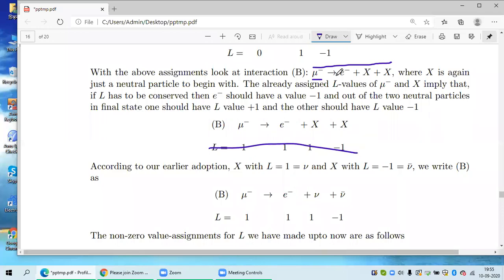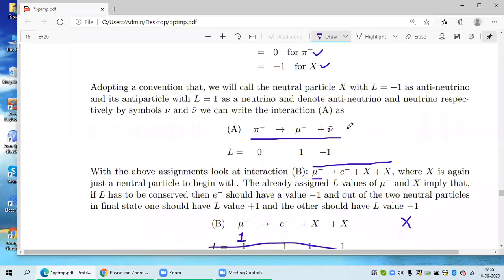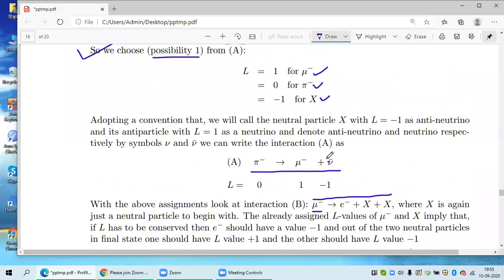Forget this line, don't read this statement. Just L has a value 1 by assignment, and we have the fact that X in the first equation gets the value minus 1. Okay, clear?